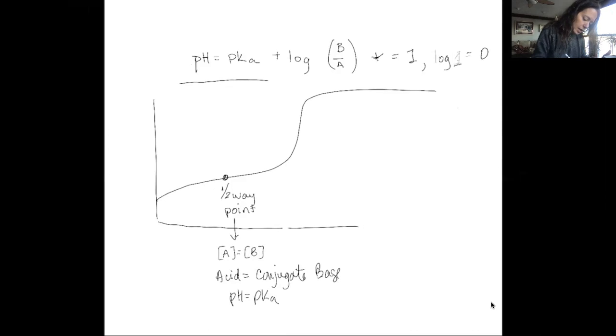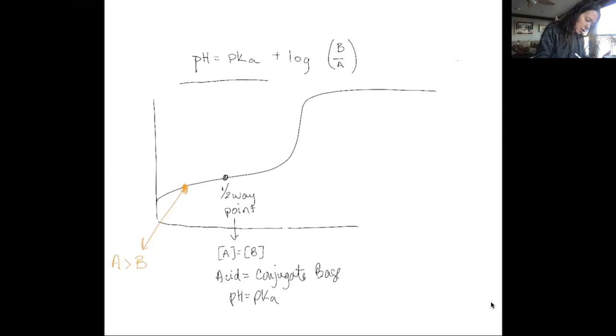So in addition to that, if we are prior to the halfway point, we know that we have more acid present. The acid is in greater concentration than the conjugate base.